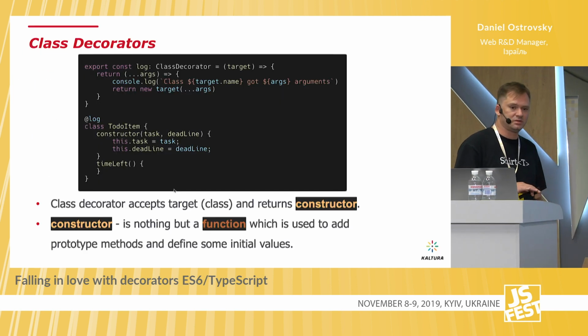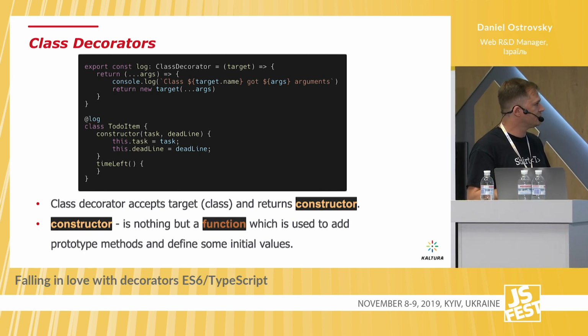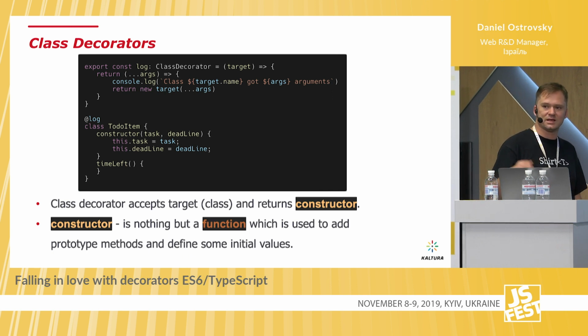It's TypeScript, okay? So a class decorator accepts only the target, and it returns a constructor. Now, when you're decorating the class, one of the things that was helpful for me is to always remember that a constructor is nothing but a function, which is used to add some methods on the prototype and initialize some values.